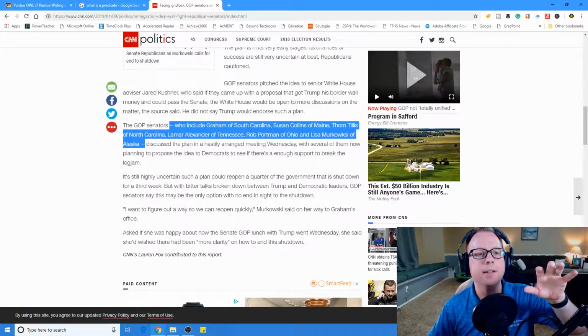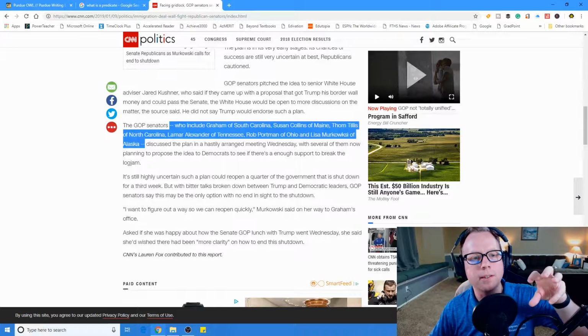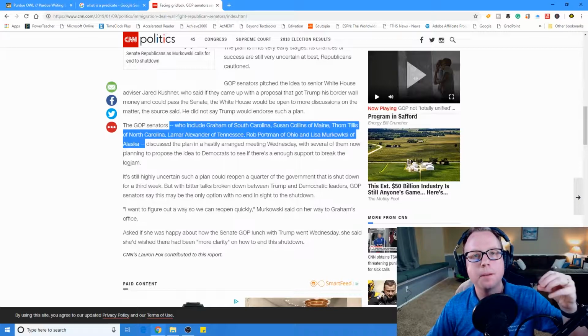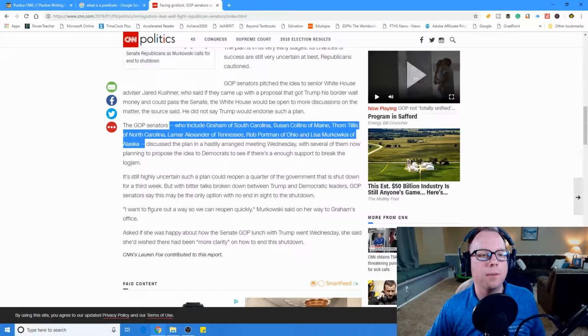Now, as a student, if you understand the structure of a sentence, hopefully you can recognize what's happening here. But sometimes we get a little confused, and we have trouble seeing that the structure of the sentence is actually "the GOP senators discussed the plan," and then it goes on. All this stuff in the middle can seem like a distraction when you're trying to understand the structure. It makes sense when we hear it, and when we read it, but because there's so much in the middle, we get a little confused about which part of the sentence is which.